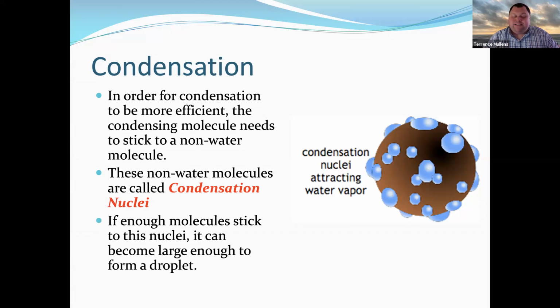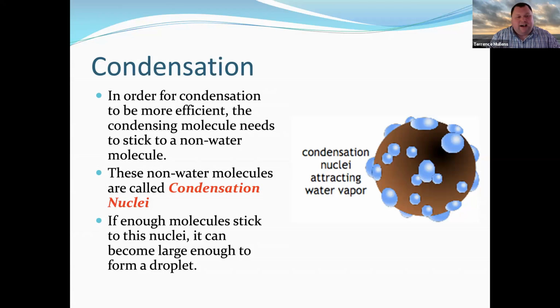And if enough of these little water molecules stick to that particle, the amount of water that's amassed can become big enough to become a droplet. Now, what's crazy is that in order for it to go from a droplet to a full-blown raindrop, you actually have to undergo a different process. We'll talk about that next time when we start talking about precipitation.